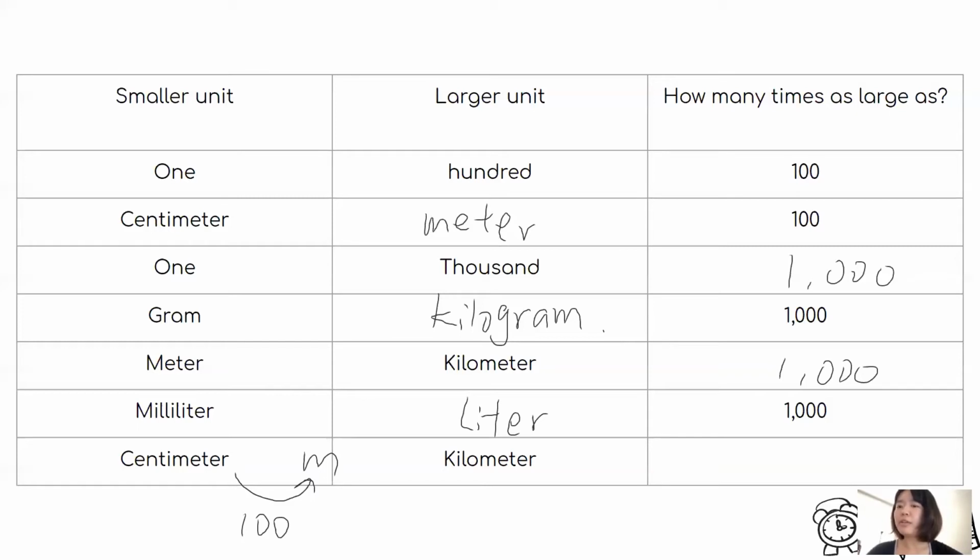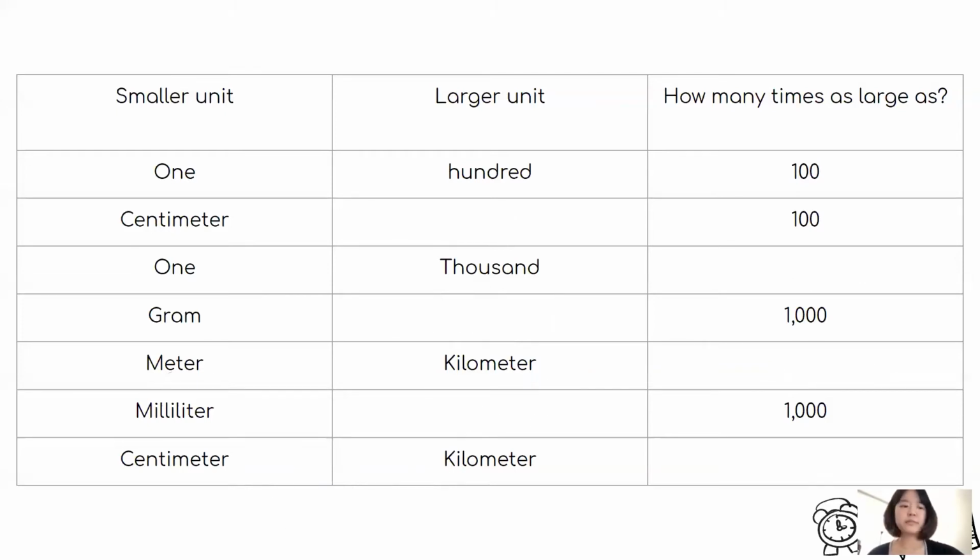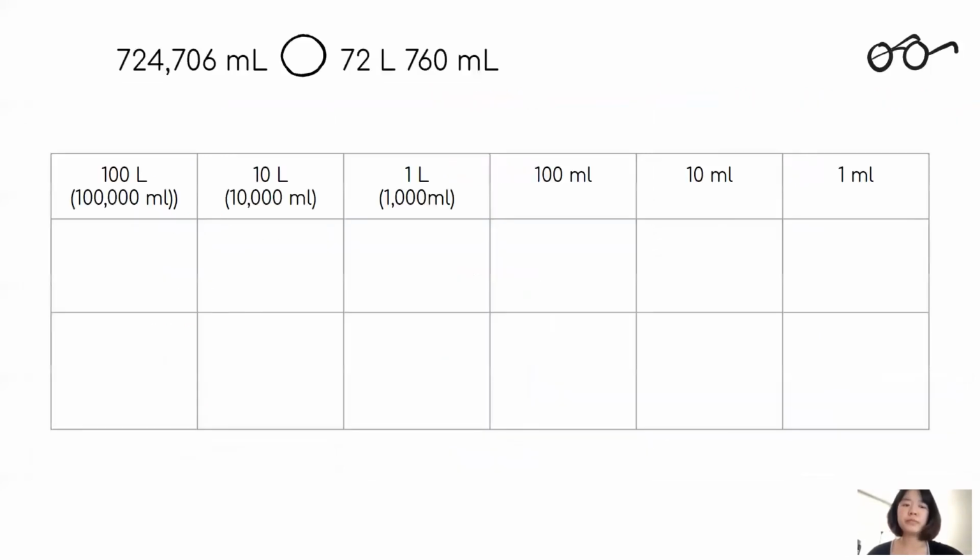And meter goes to kilometers, that will be 1,000. So we just put them together, so we have 100,000. So kilometer is 100,000 times as large as centimeter. Okay, and let's look at this problem right here.